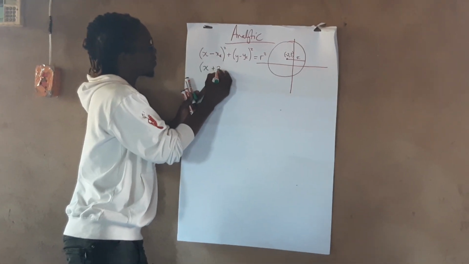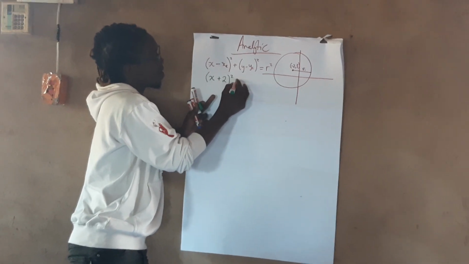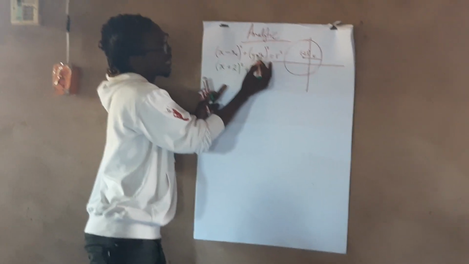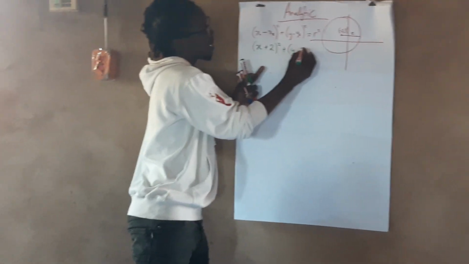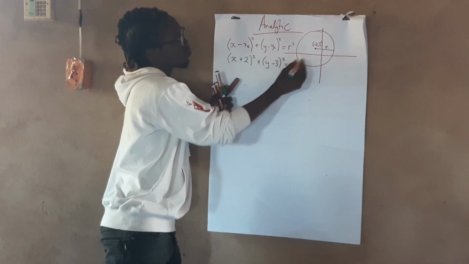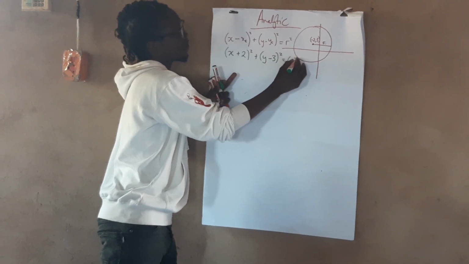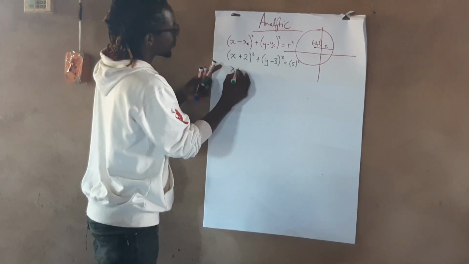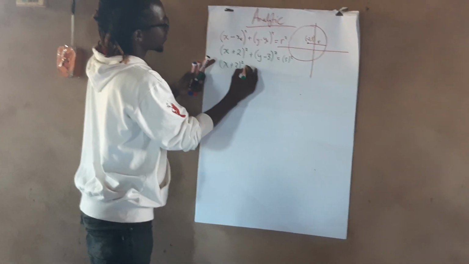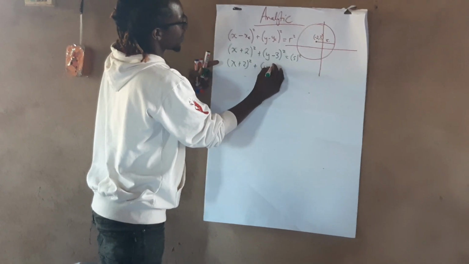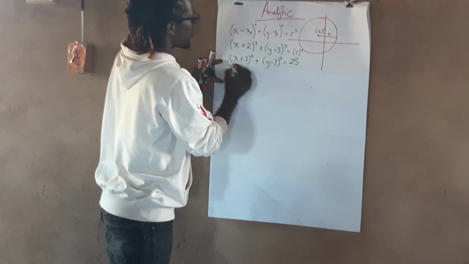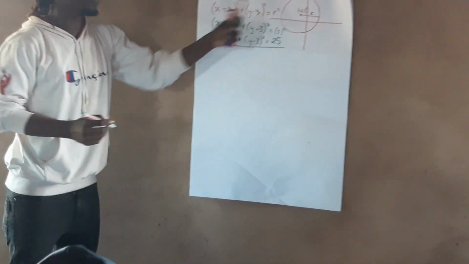So this will be (x plus 2) squared plus (y minus 3) squared is equal to the radius squared, 5 squared, which is 25. So this is our equation of that circle.